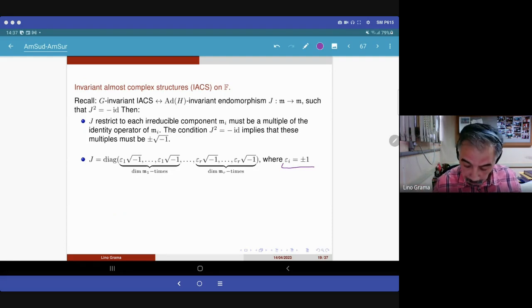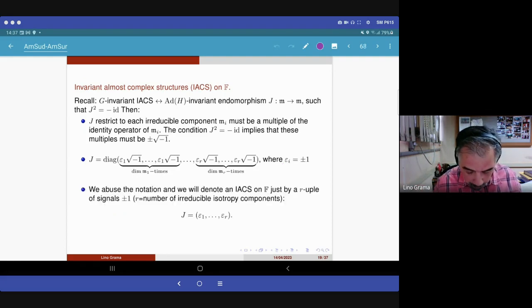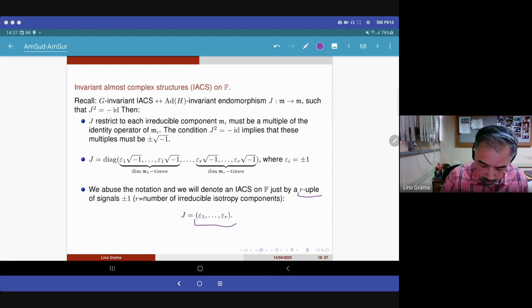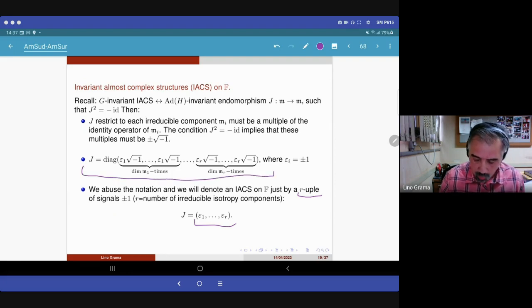And again, we will abuse the notation and denote the invariant almost complex structure on a flag manifold just by R signs, plus or minus 1, because this will determine completely this endomorphism.